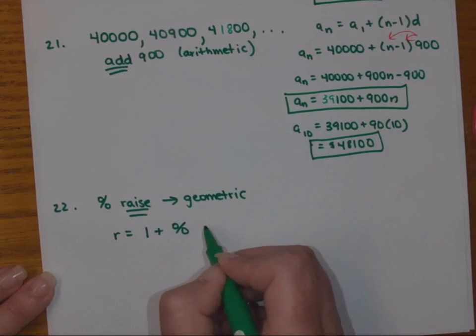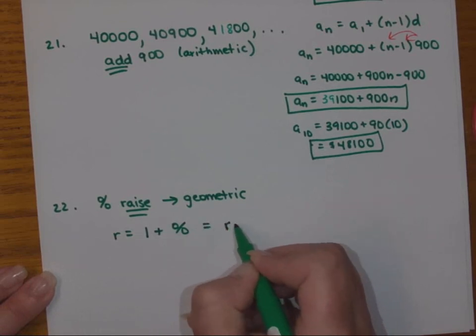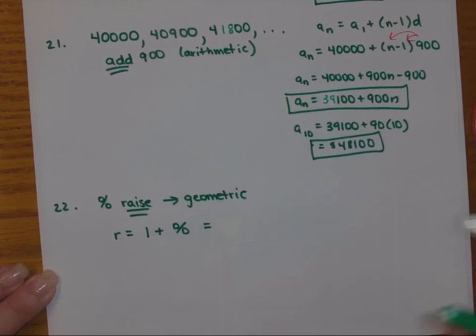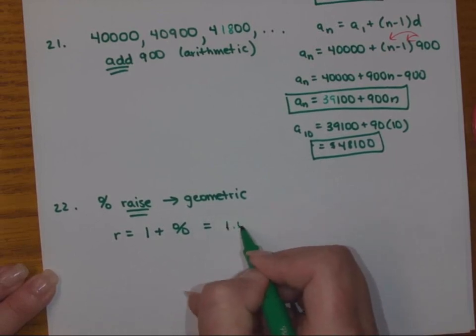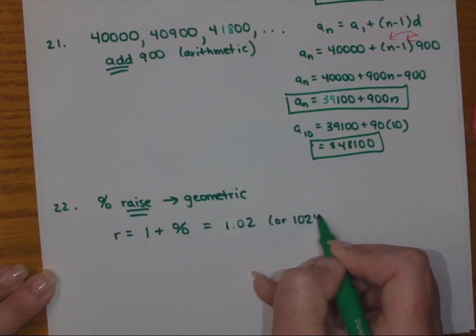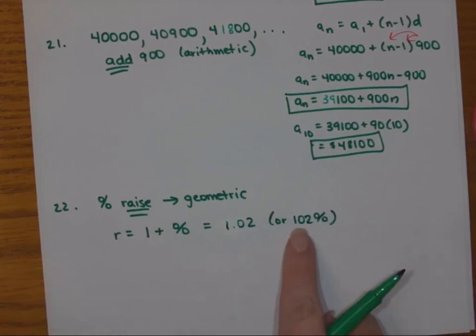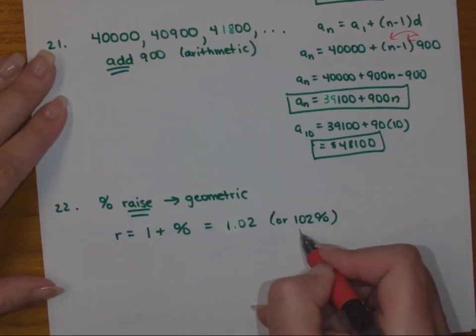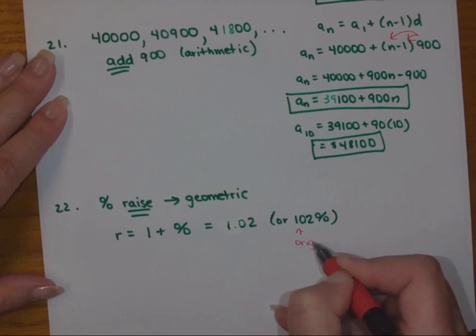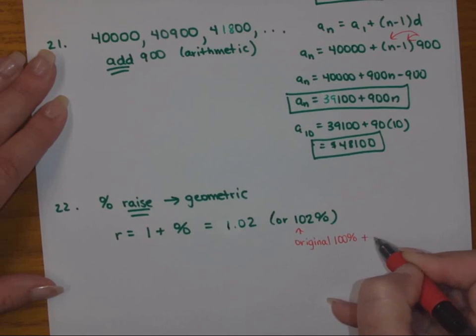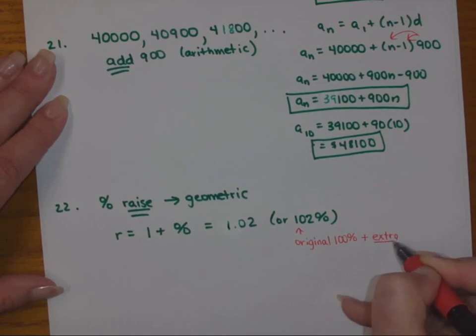Okay, so R is actually going to be 1.02. Think of it like 102%. So 100% of your previous salary would mean you kept it the same, and then we got an additional 2%. Okay, so it's basically the original 100% plus the extra 2%.